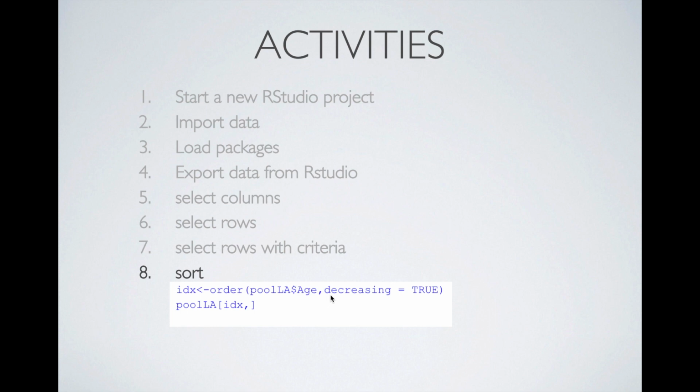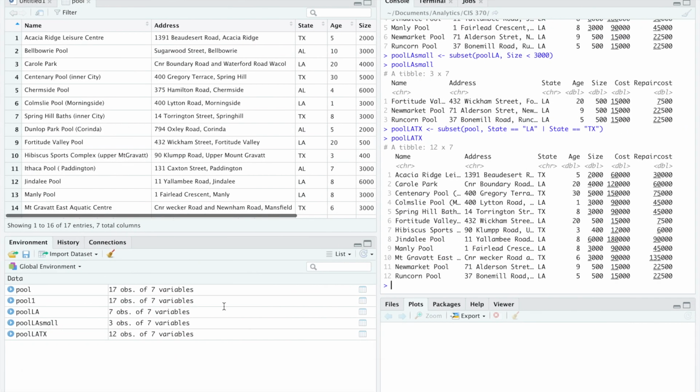And then we're going to say it's going to be a descending order, which is decreasing equals TRUE. And we create an index using this order and put that into a data frame called IDX or index. And then we reorder your data frame using that index. So let's see how it's operationalized. So first step we're going to do is create a data frame called IDX.